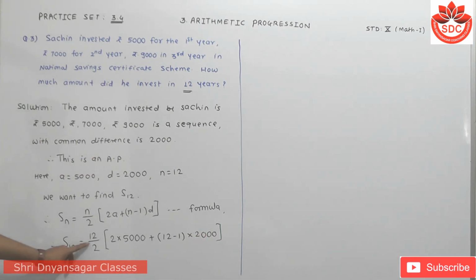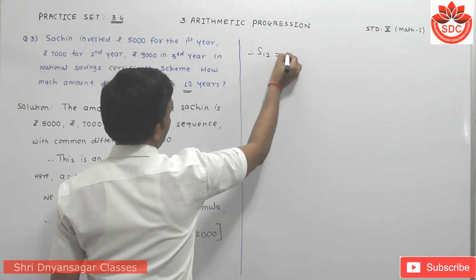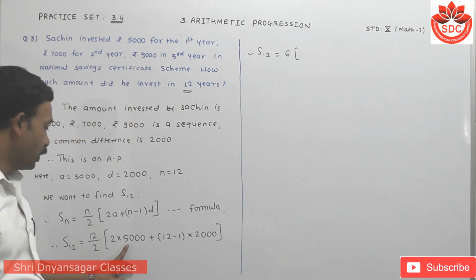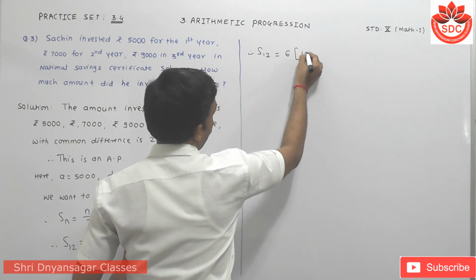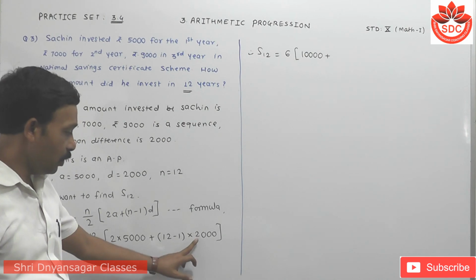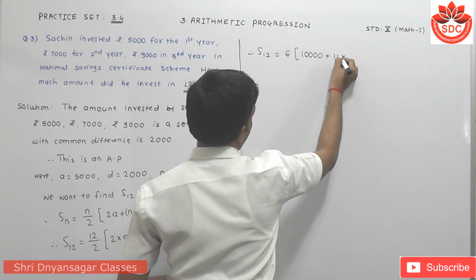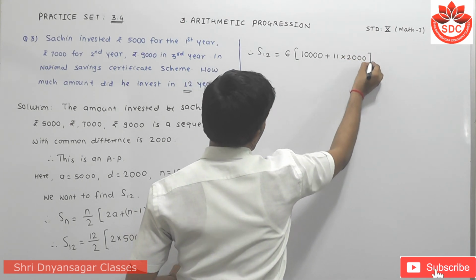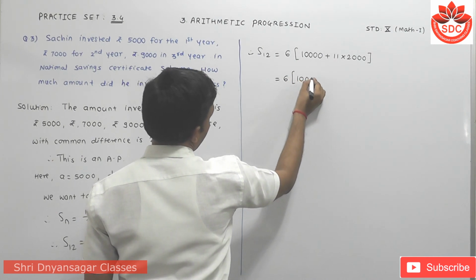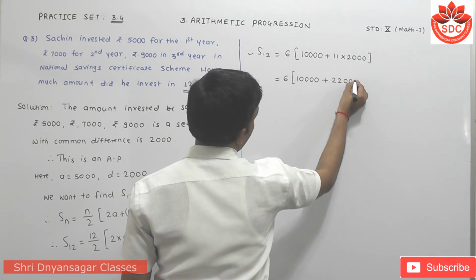Then the simplification: 6 in bracket 5000 into 2 is 10000 plus 11 into 2000, which is 22000.